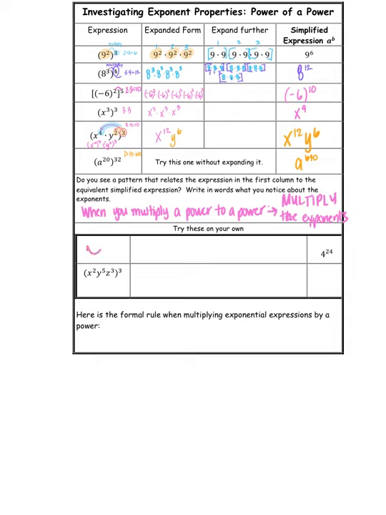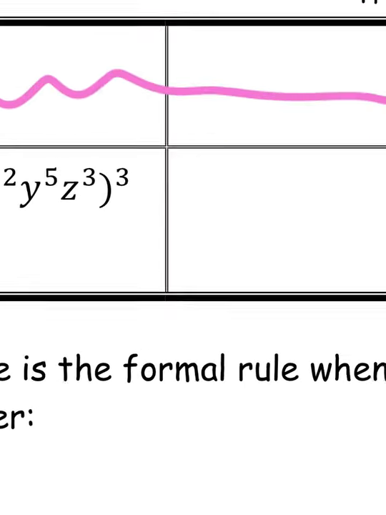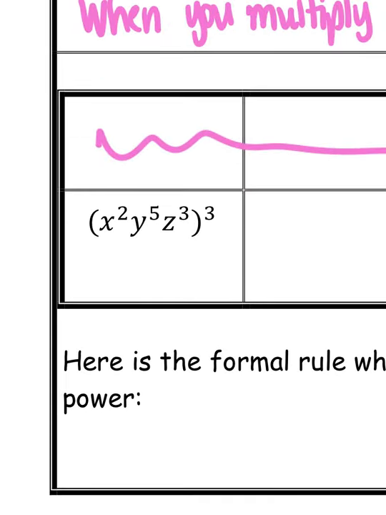Okay, don't worry about this one, but let's do this one together. Again, this is one where we have several things, so we're going to distribute that 3. It needs to go to the 2, to the 5, and to the z.